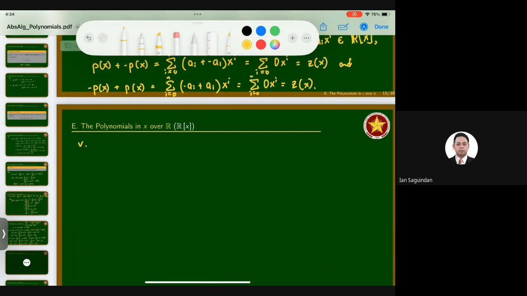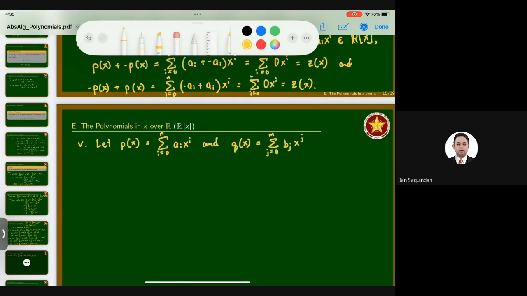So last, for the commutative property, again, we are going to declare two polynomials. By the way, you can use other variables for the coefficients and the index, okay, as long as you're consistent with your proving.